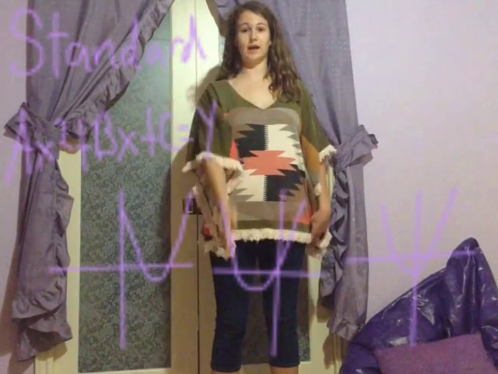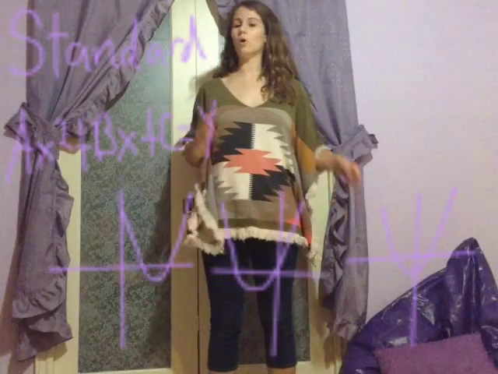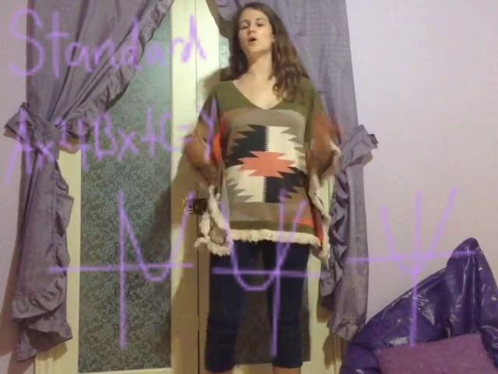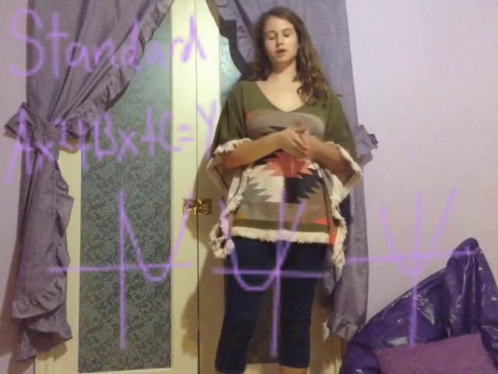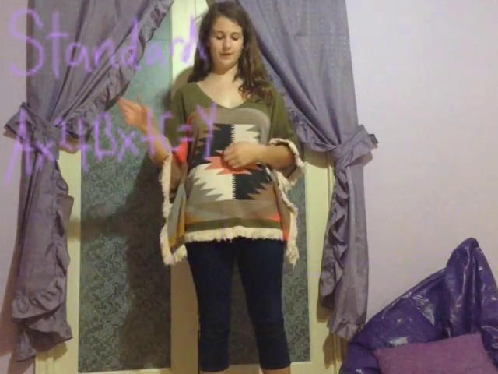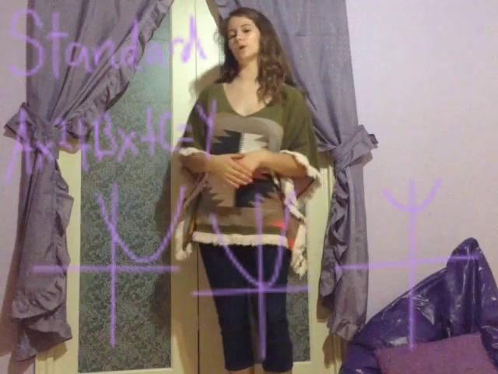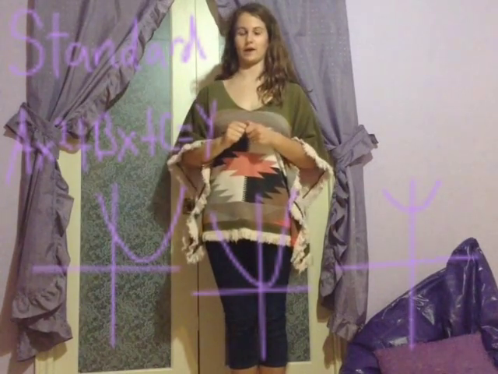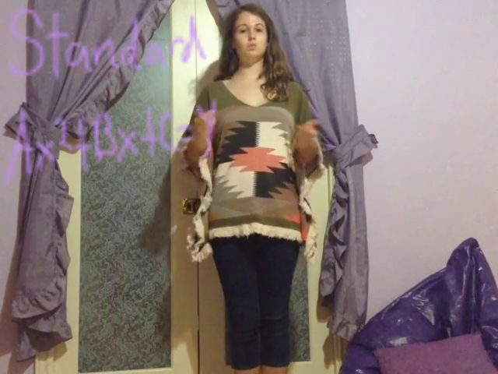B is going to determine whether the vertex falls exactly on the y-axis, or if it doesn't fall on the y-axis, which way it's going to fall, whether it's going to fall to the left of the y-axis or to the right. And C is the point at which it's going to intersect with the y-axis. And of course, y is the outcome. Next up, factored equation.